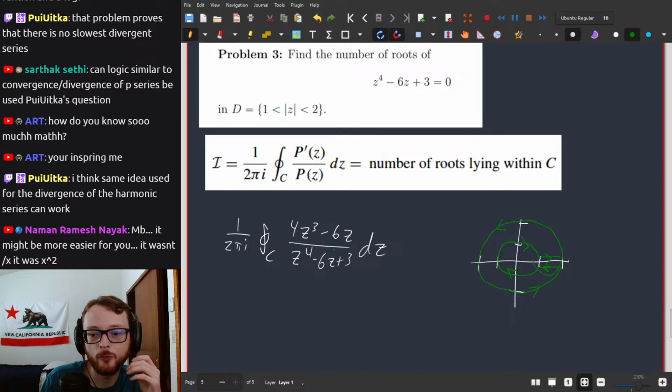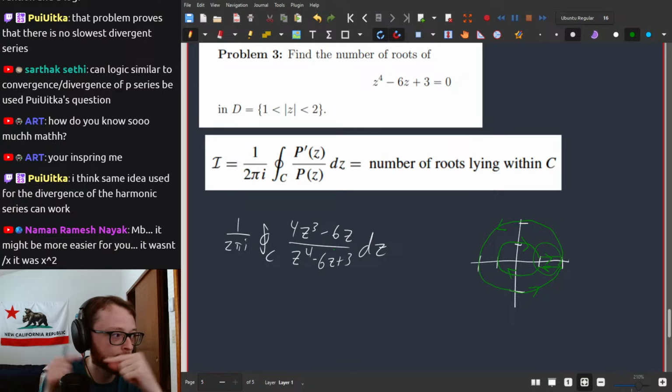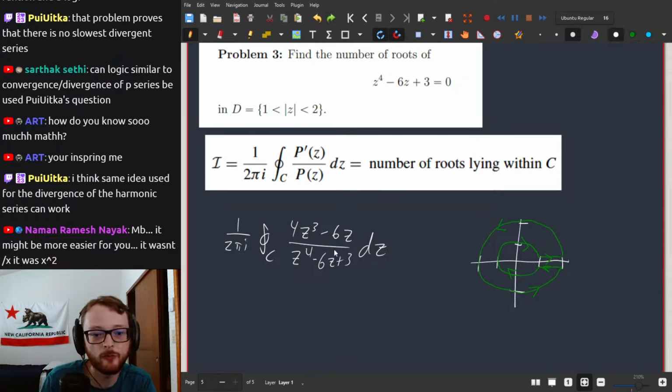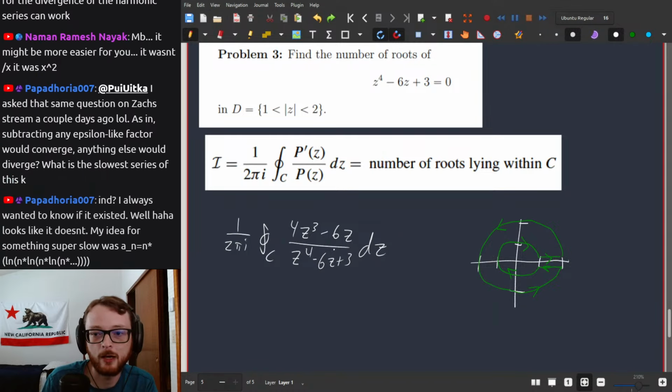So these two little crosscuts, we're going to hand wave away and say that they're going to cancel with each other because we're going to take the limit as they get really close. And they're going to become almost the same path, but opposing directions, so they cancel. And so what we're going to be left with is integrating clockwise around the inner circle and counterclockwise around the outer circle.